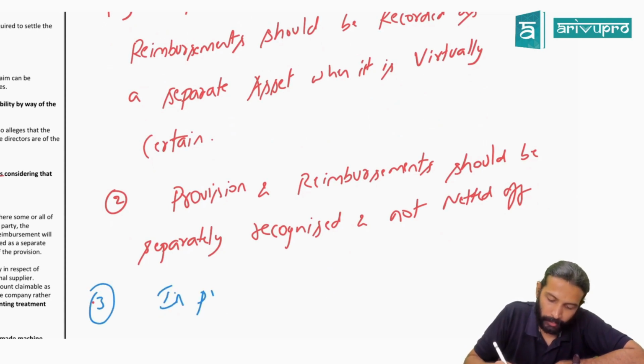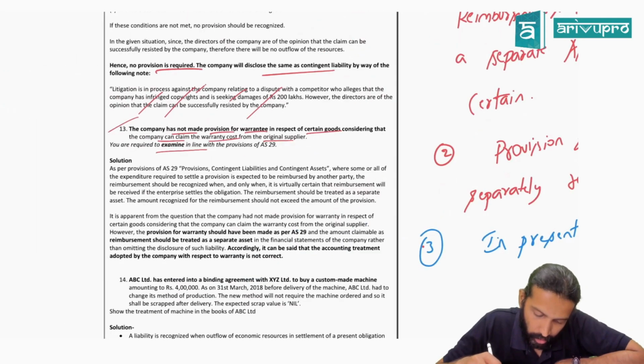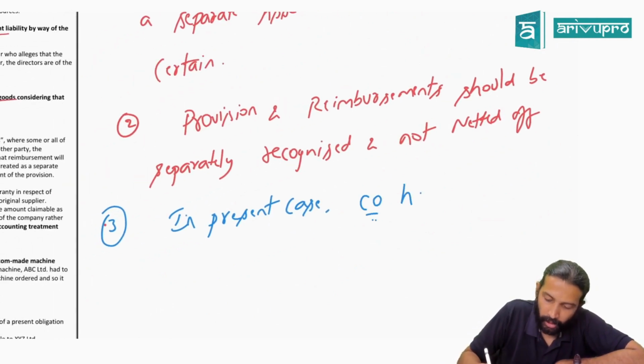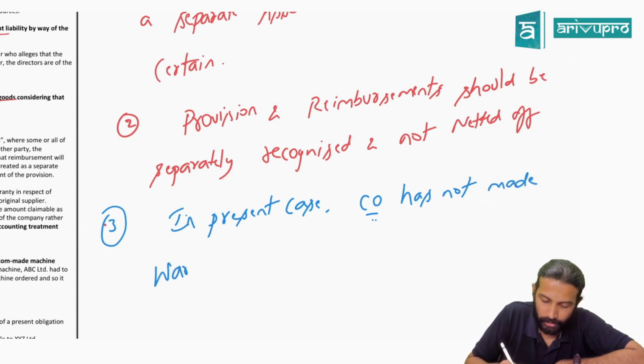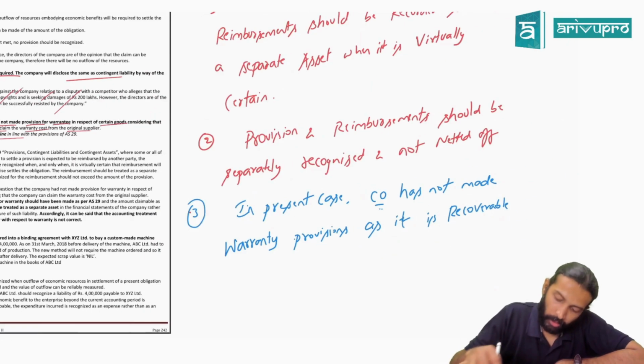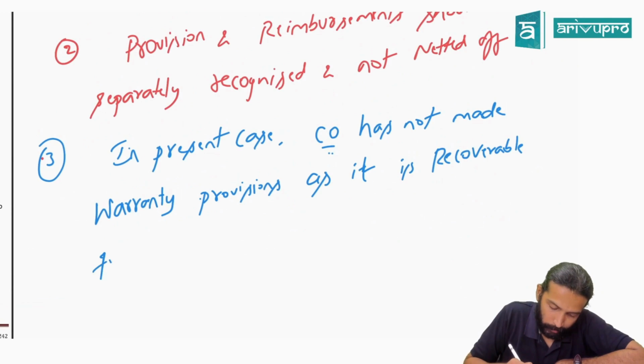Next point you write, in the present case, company has not made the warranty provisions as it is recoverable from whom? Original supplier, they said. As it is recoverable from original supplier.